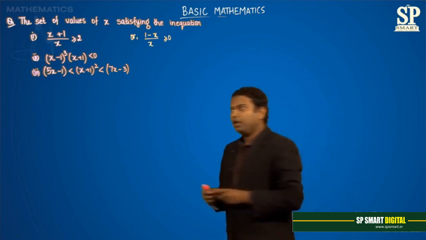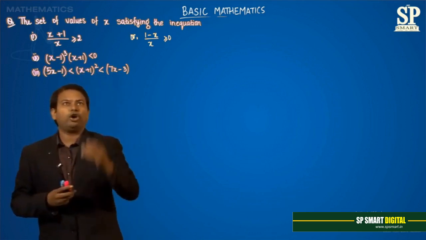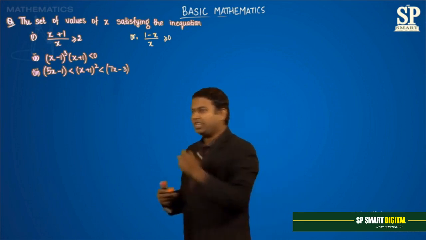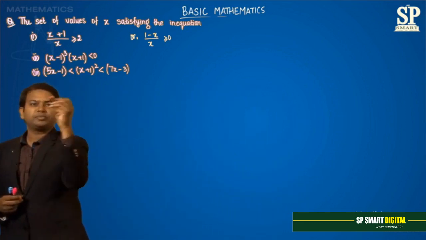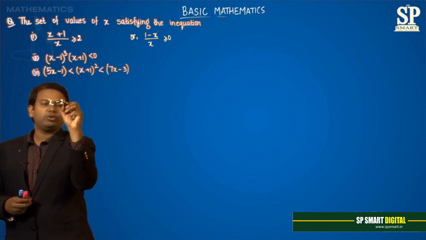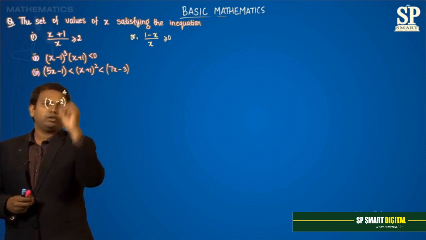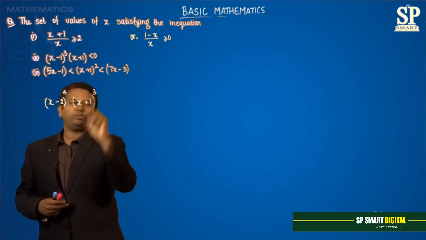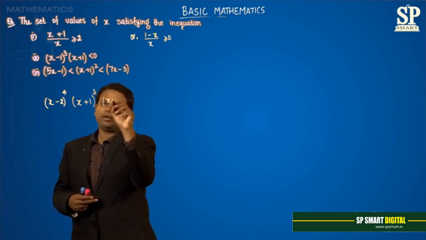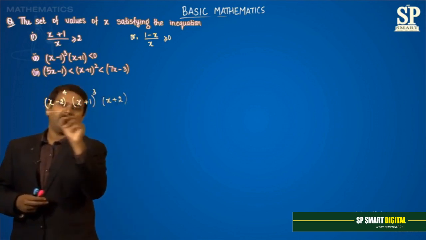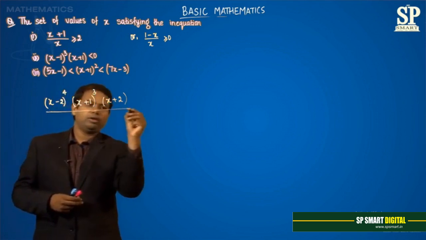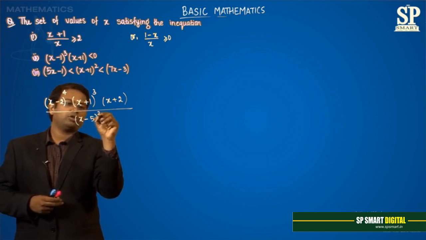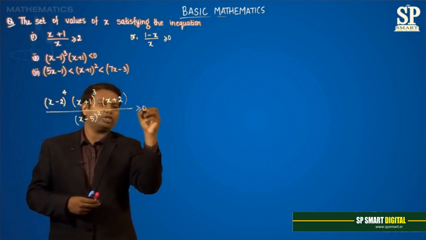But what if we have an expression like this, or like this, or like the third one that we have here, or in general, let me write an expression here which is (x minus 2) raised to the power 4 into (x plus 1) raised to power 3 into (x plus 2) divided by (x minus 5) whole square greater than or equal to 0.